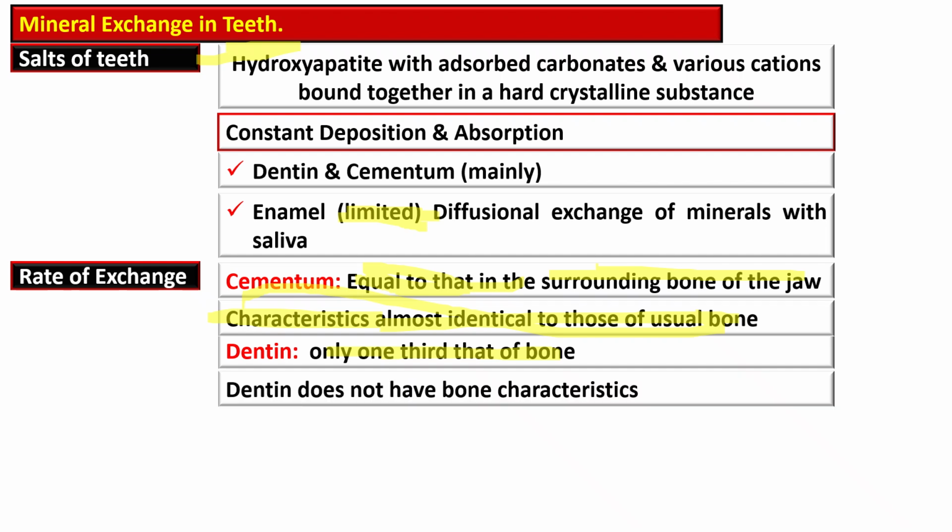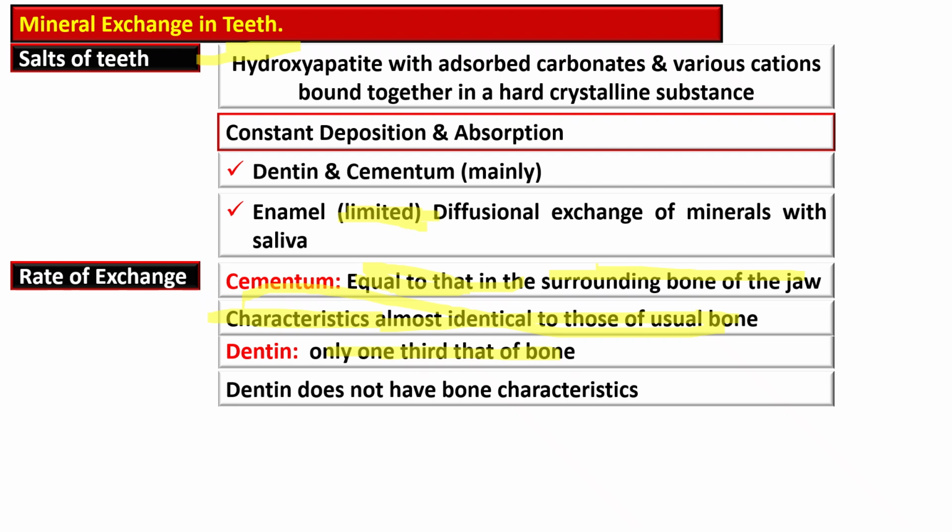So what is the cellular basis of this exchange mechanism? The cementum contains osteoblasts and osteoclasts, like bone remodeling, and dentin lacks these cells, so there is slower exchange and the mechanism is unclear.